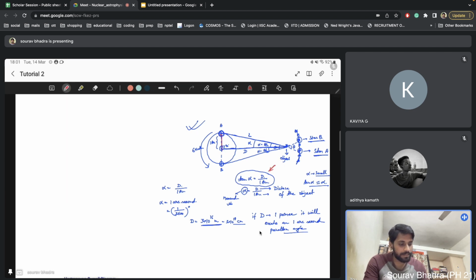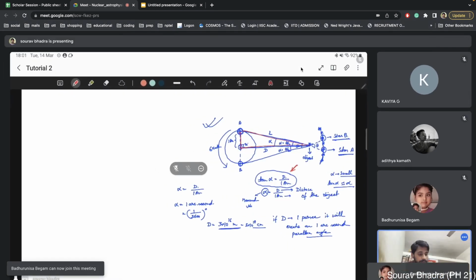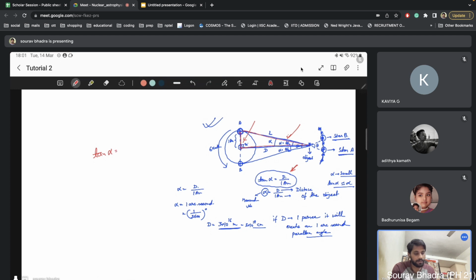Focusing on this particular triangle, where this is the 90-degree angle and this is the alpha angle, tan alpha is actually the base, which is 1 AU, the distance between earth and sun. For our case the other side is d.